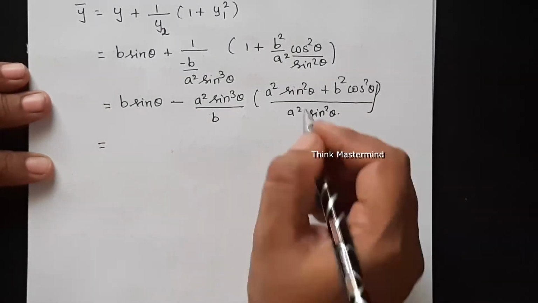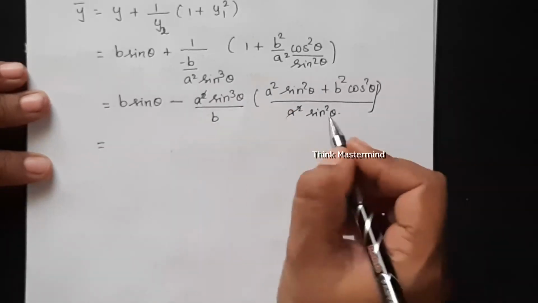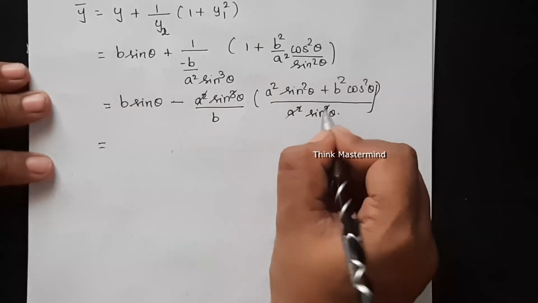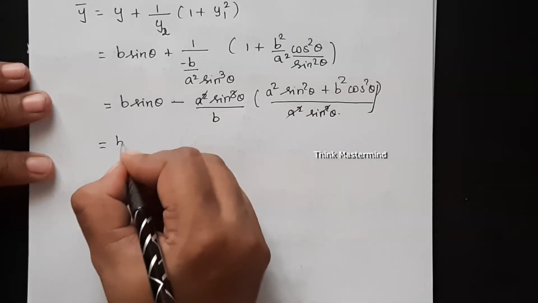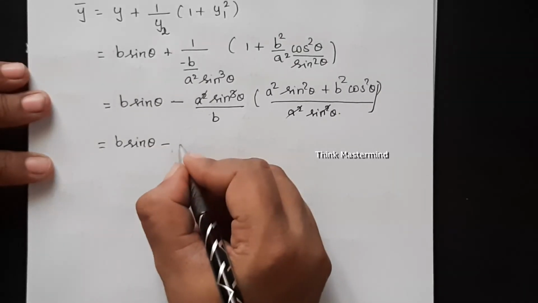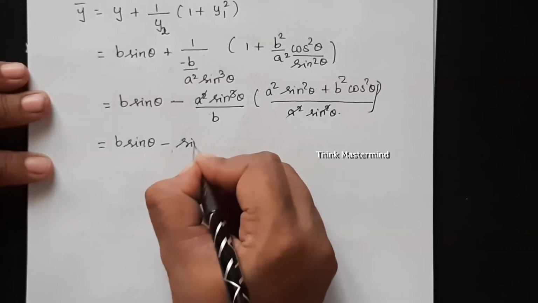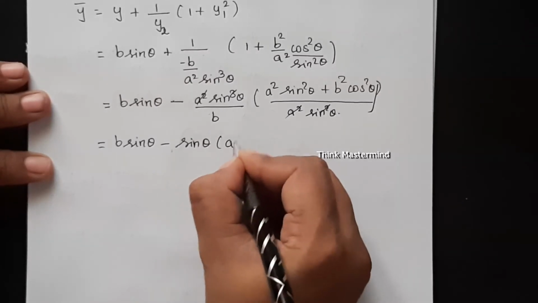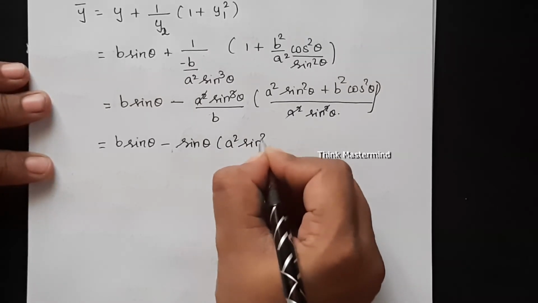That is equal to a square cancelled, your cube theta and square theta are cancelled. So remaining you have sin theta minus sin theta into (a squared sin squared theta plus b squared cos square theta).